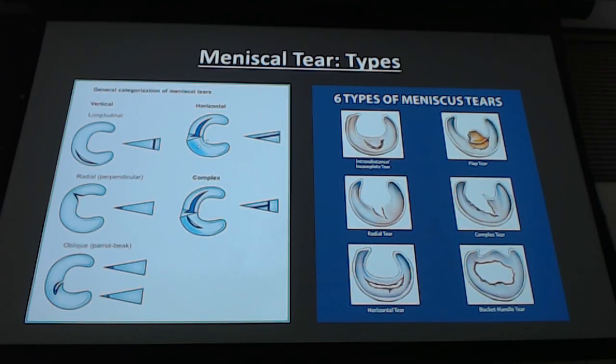Usually with these other tears over here, while they can also be acute, those will propagate. A bucket handle tear, usually it's a significant amount of trauma that causes that shearing and therefore that extension. But it's not just a horizontal tear, it is a complete bucket handle tear.